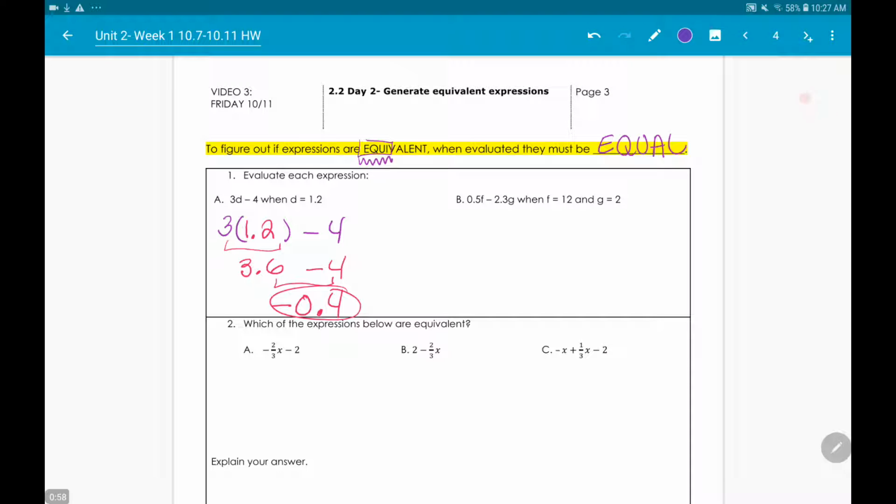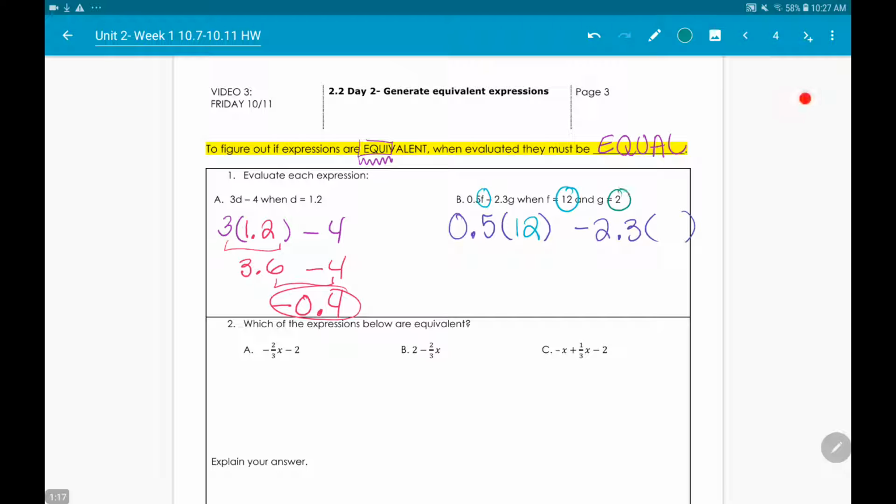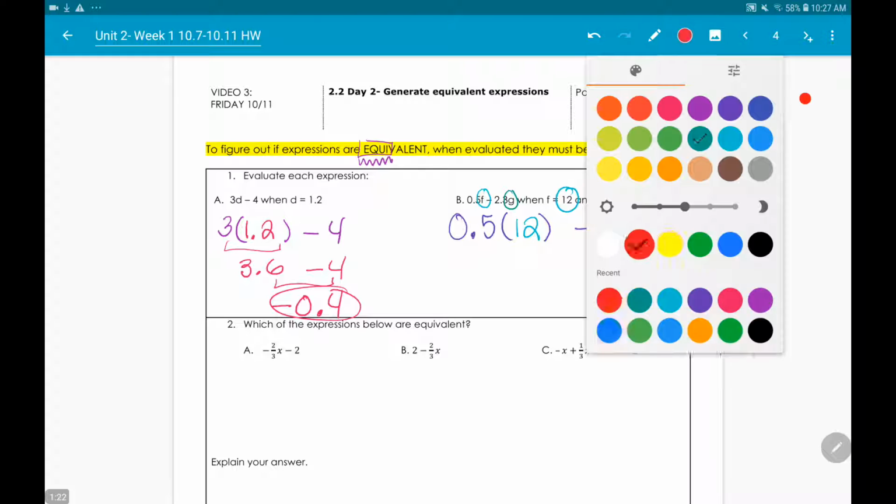All right, and the next one, I have two variables that I'm substituting for, so I'm going to need two different sets of parentheses. So when f is 12, I saw f was in my first parenthesis, so I put that there. And then when g was 2, that's in my second parenthesis, and that goes there.